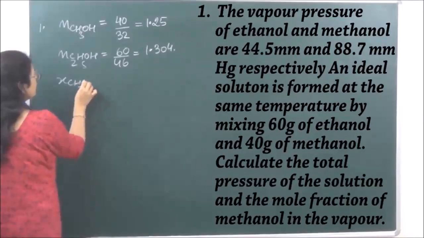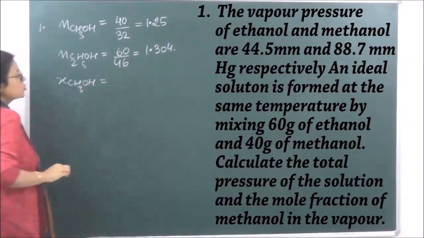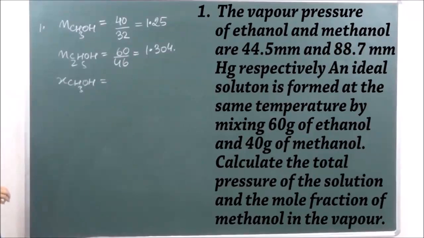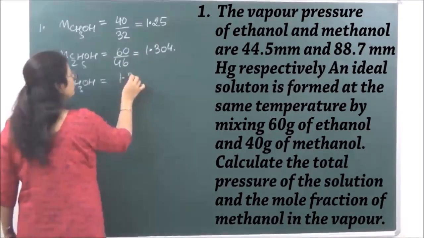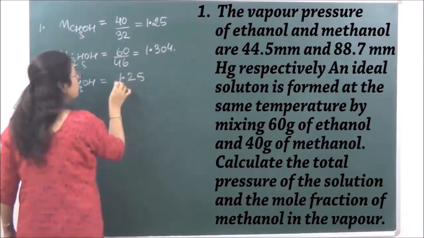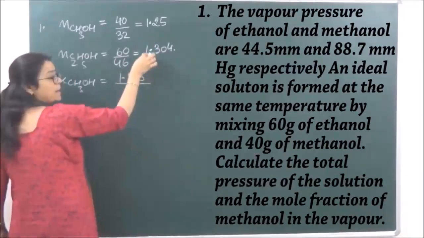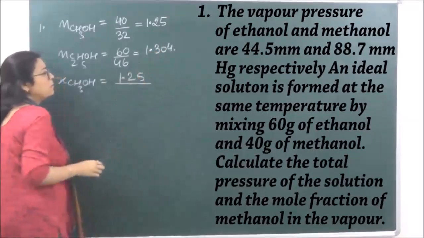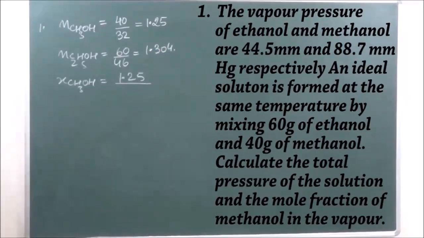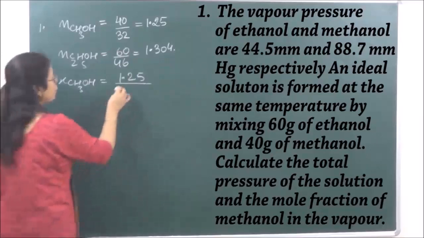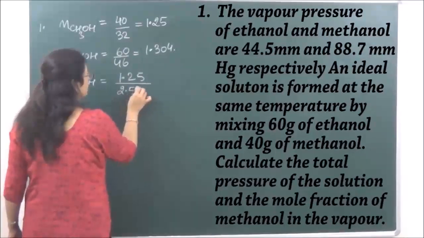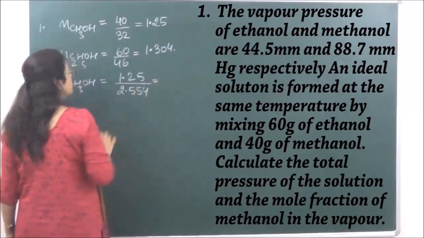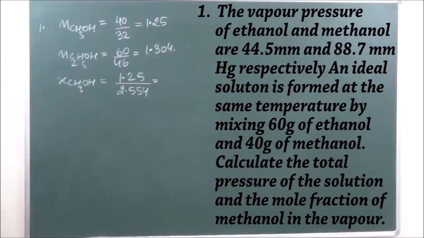Mole fraction of CH3OH will be equal to 1.25, that is number of moles of A upon total number of moles. So total number of moles would be 1.25 plus 1.304, that is 2.554. Right? And this is 0.49.